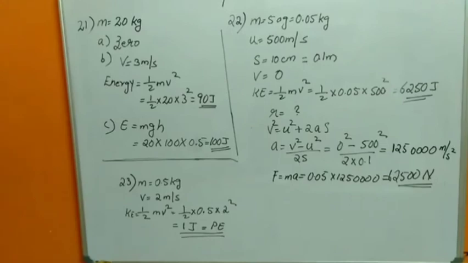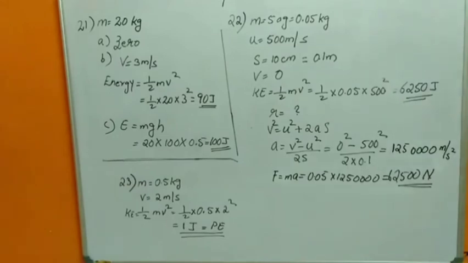The box is raised to a height of 0.5 meter, so the energy is potential energy, mgh. Mass into gravity, taken as 10, into height 0.5 meter. So we will get mgh, 100 joule.